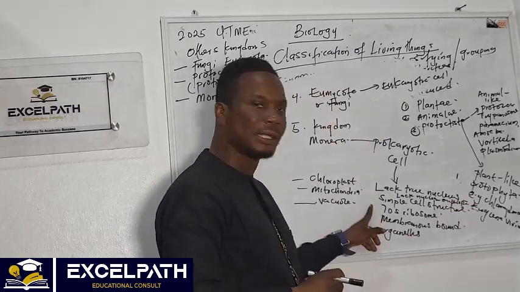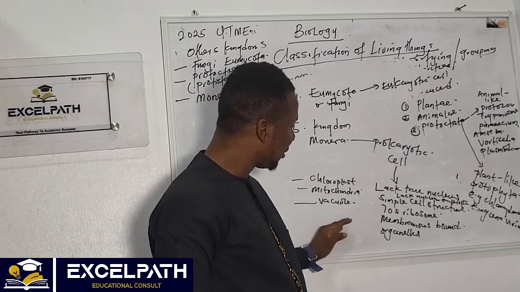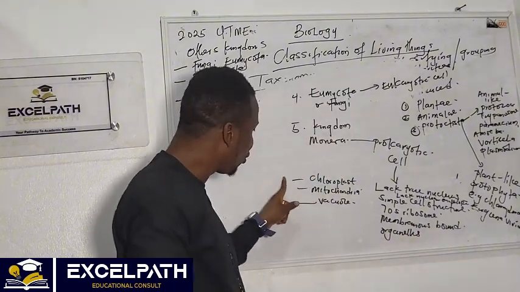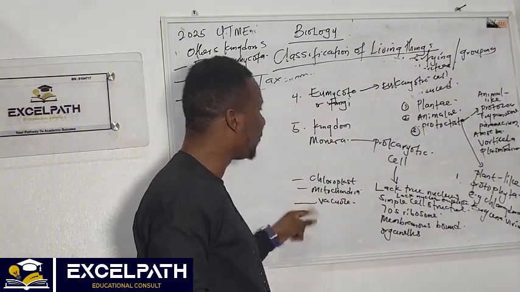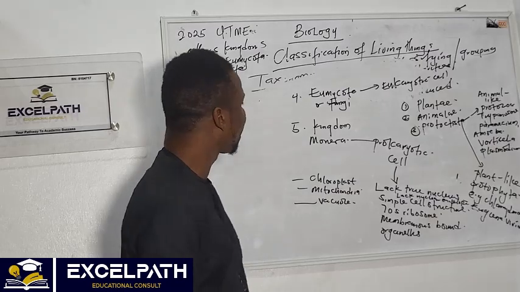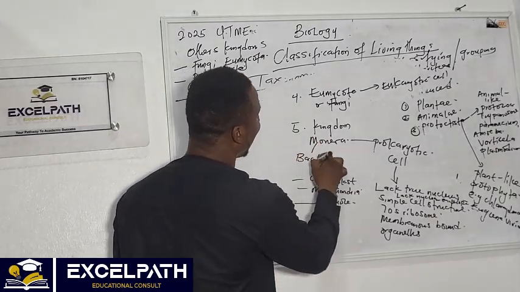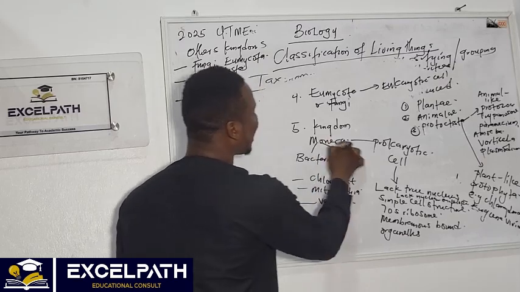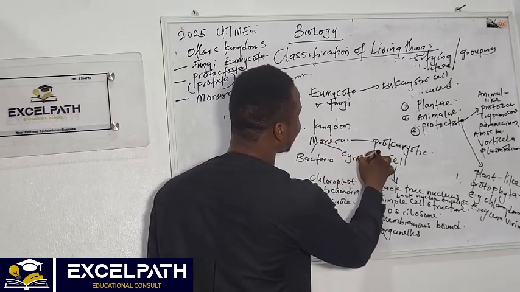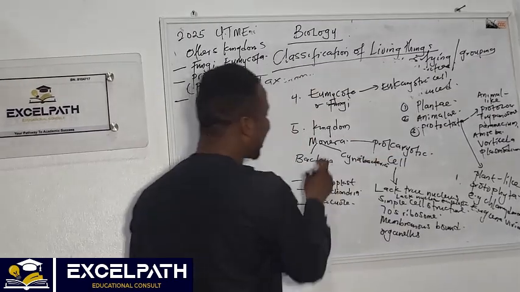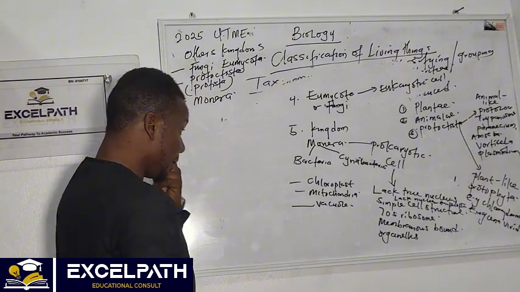They have a cell structure that is very simple. They have ribosomes, but 70S. They lack membrane-bound organelles like chloroplasts, mitochondria, and vacuoles. So, what are these organisms? They are the bacteria and the cyanobacteria. These are the two types of monerans.